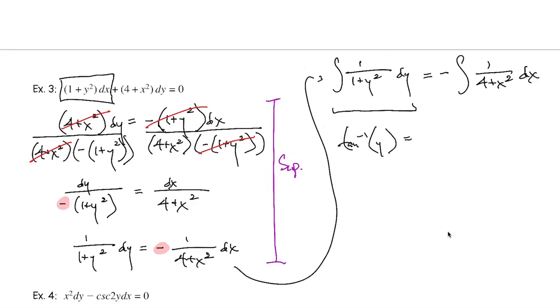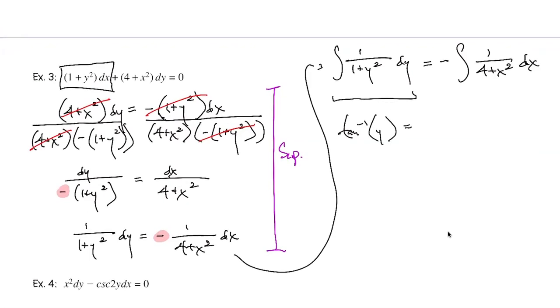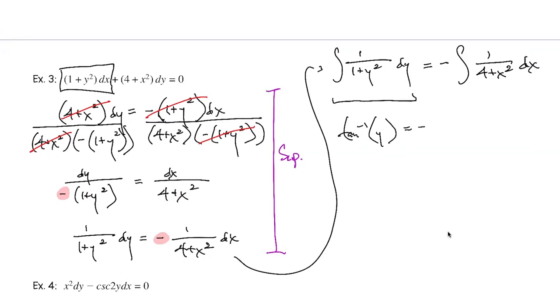The other side is also an arctan situation, but we need a coefficient in front of it. What's that coefficient? I'll take a 1/2. Yeah, okay. So we have our minus, because we had the minus sign in our starting one, so it continues. And because a is 2, I need 1 over a arctan of x over a.